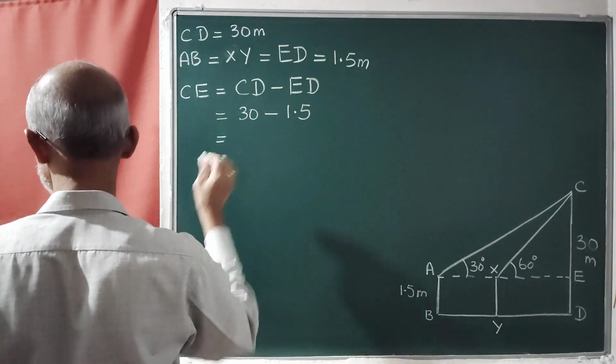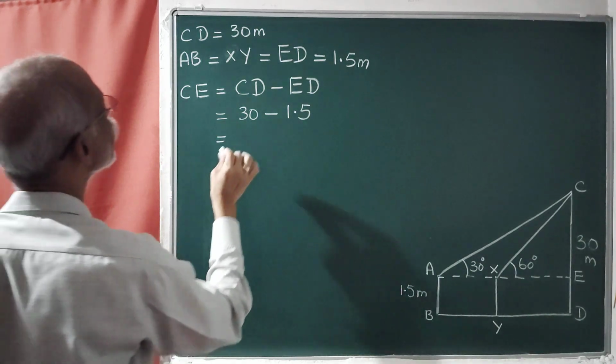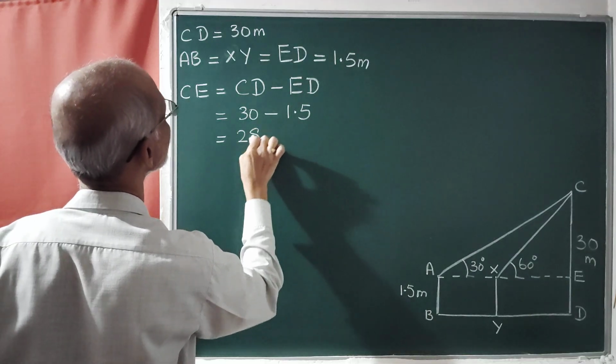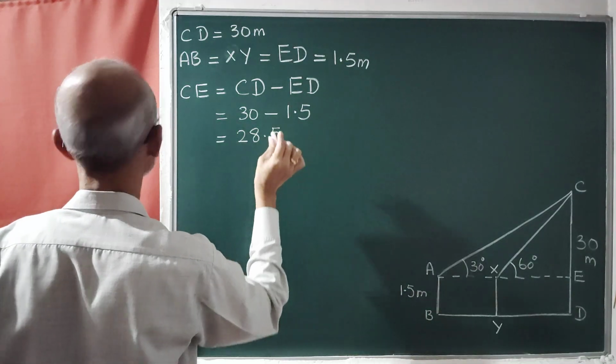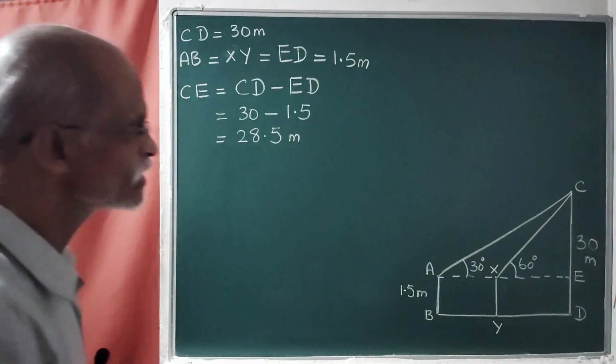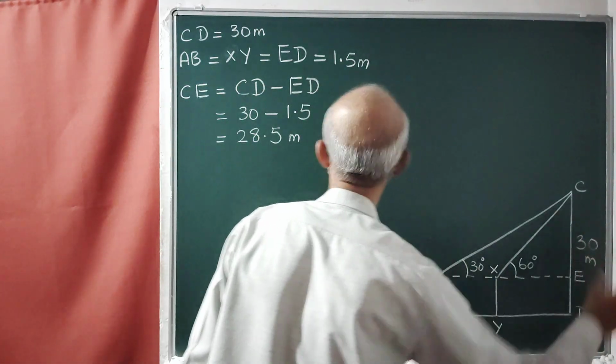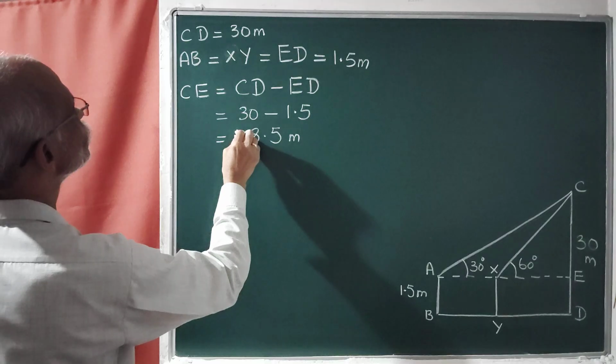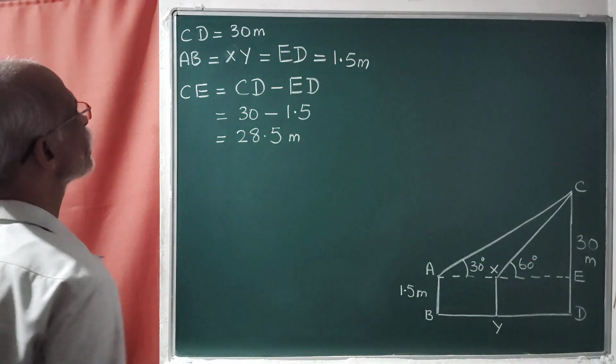That will be equal to 28.5 meters. So, CE is 28.5 meters.